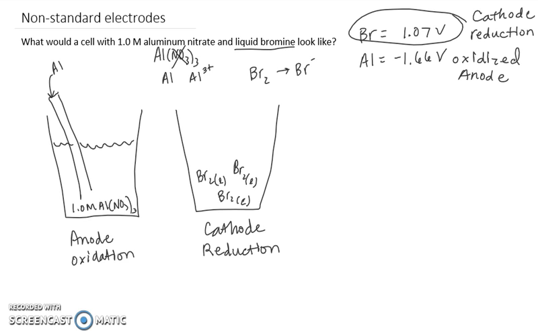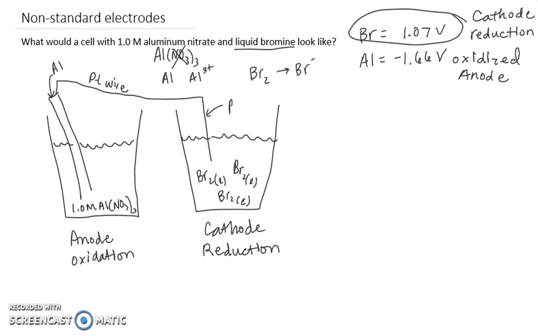How is it possible for us to make any kind of connection between the two? What we normally do in this case is use some sort of wire that is not very reactive, and the most common wire to use is platinum. So we would normally see a hookup between our aluminum electrode and a platinum wire, Pt wire, that connects our aluminum to our bromine liquid.